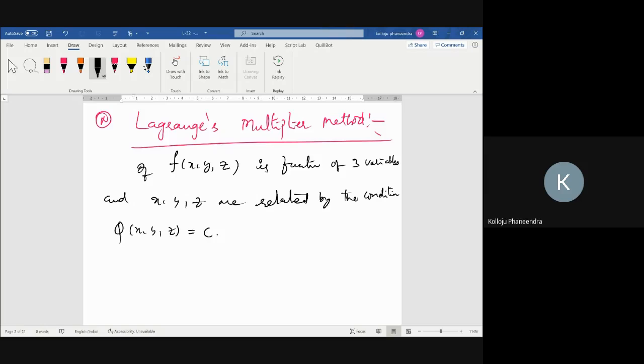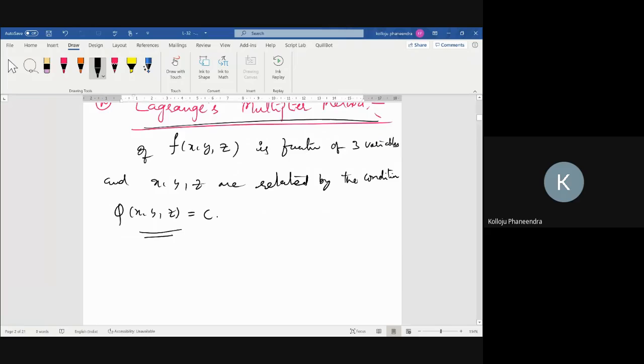To apply Lagrange's multipliers method, this condition is required. Remember, to find the maxima and minima of a function of more than two variables, the variables must be connected by some relation that must be given in the problem. Then only we can find the maxima and minima.